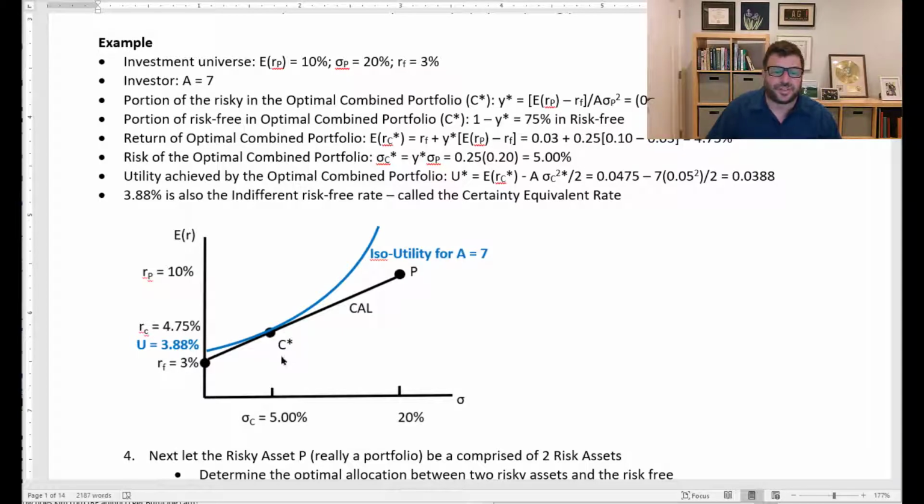And then we said, let's describe what this C portfolio looks like. This is the expected return of the C portfolio. The return is 4.75%. Here is the risk of the C star portfolio. It's 5%. And we said, let's also figure out how much utility we found. And that was 0.0388, which has a certainty equivalent rate of 3.88%.